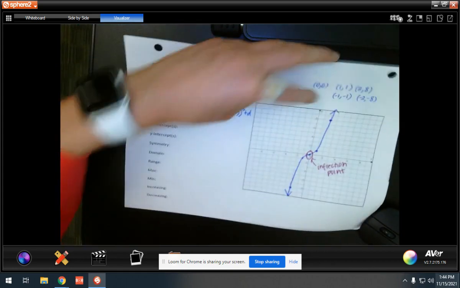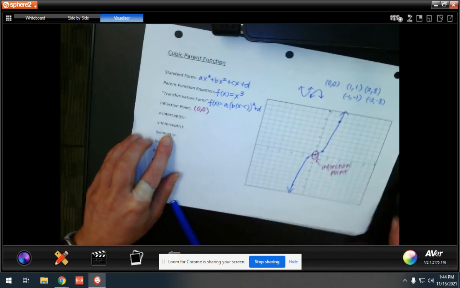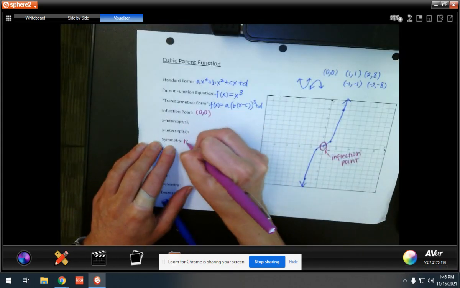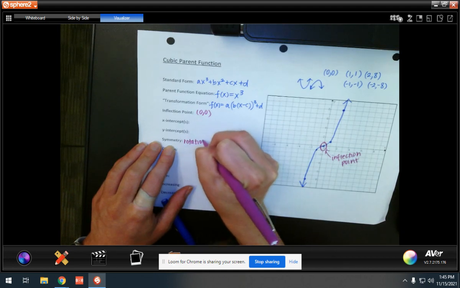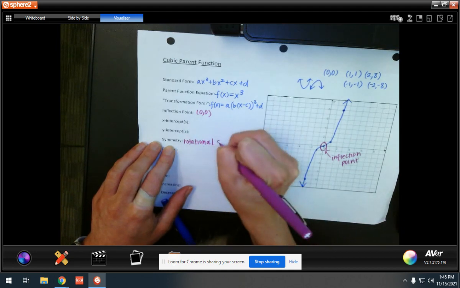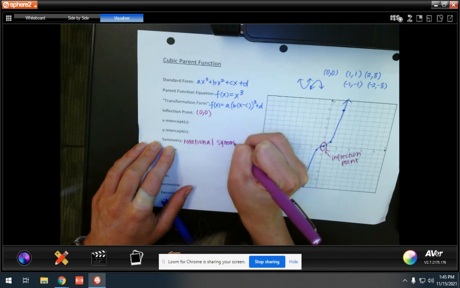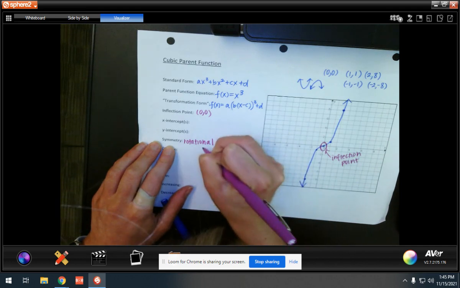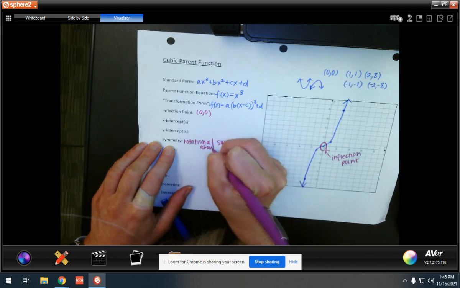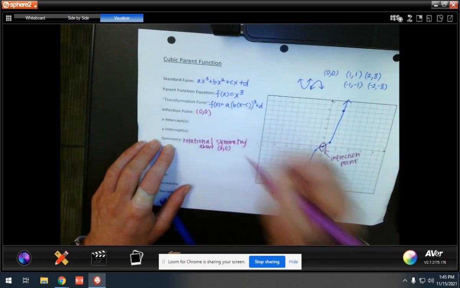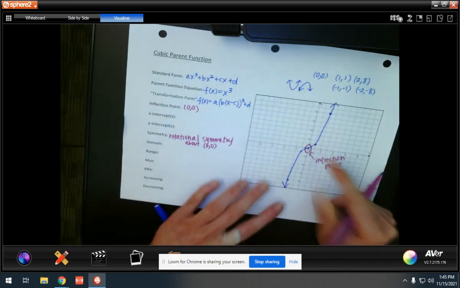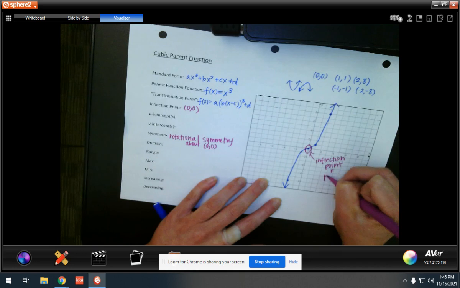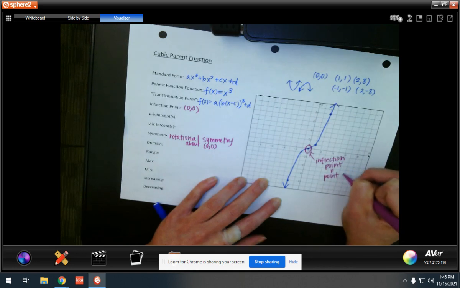And so where it says symmetry, I want you to say rotational symmetry. And we say about a point, about 0, 0. So the inflection point equals the point of symmetry.